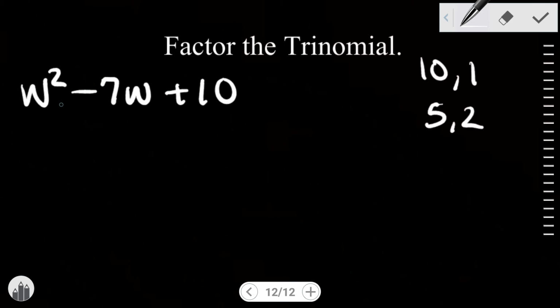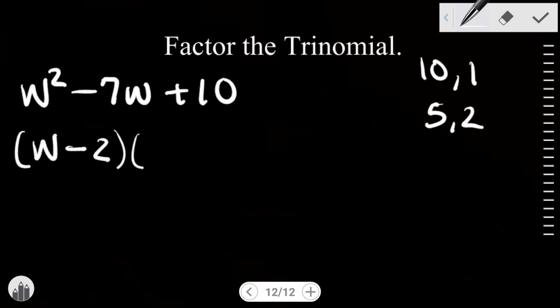When we split this up, we're going to have w minus 2 in the first quantity. Since they're both negative factors, you don't have to worry about which quantity each goes into, because you'll get the same for either one.